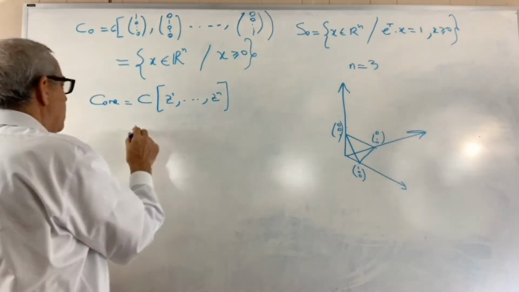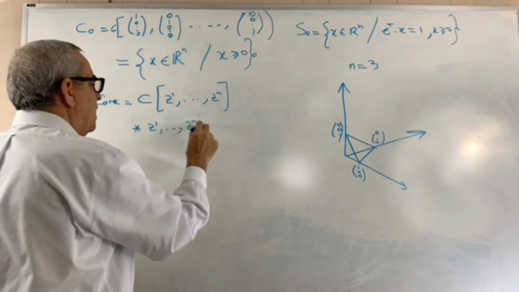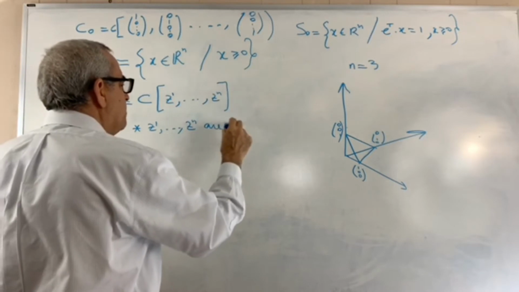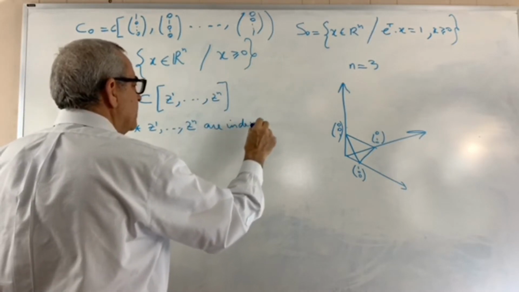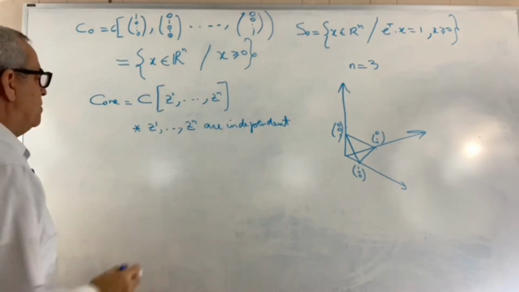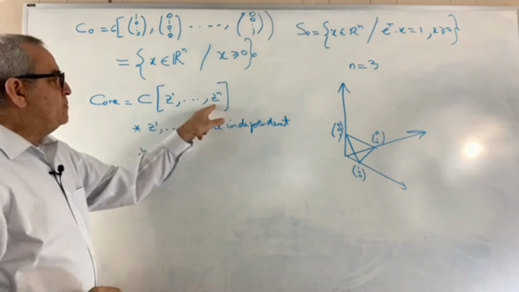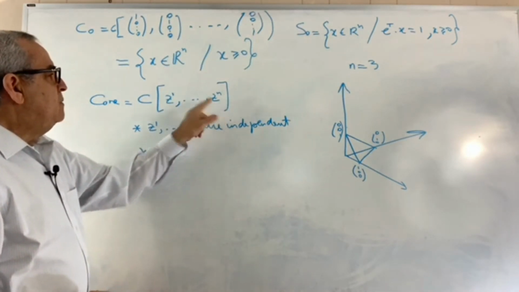That means Z1 through Zn are independent.